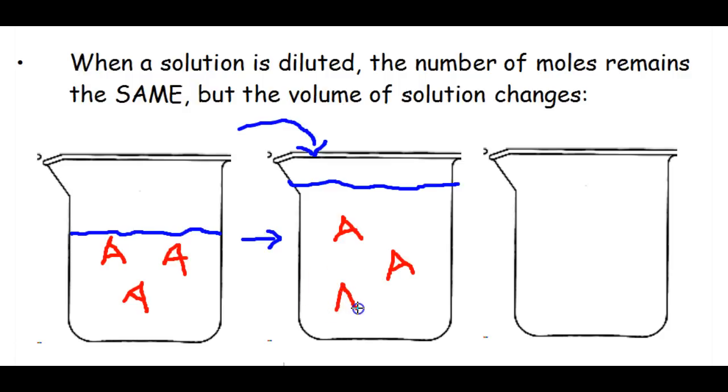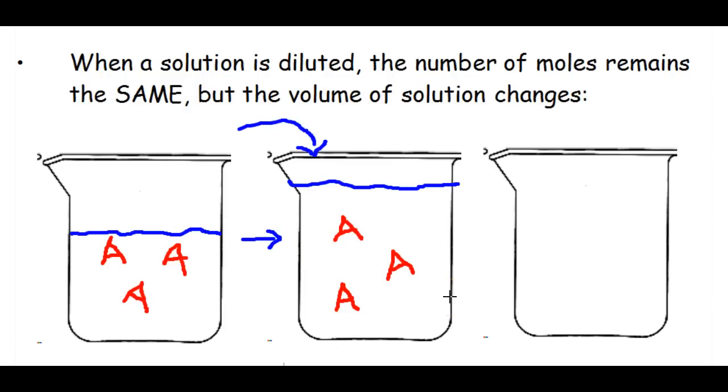That's what happens with dilution, and that's a really key point: I'm not increasing the number of moles of particle A, I'm just increasing the volume of solvent and total solution that those particles are in.